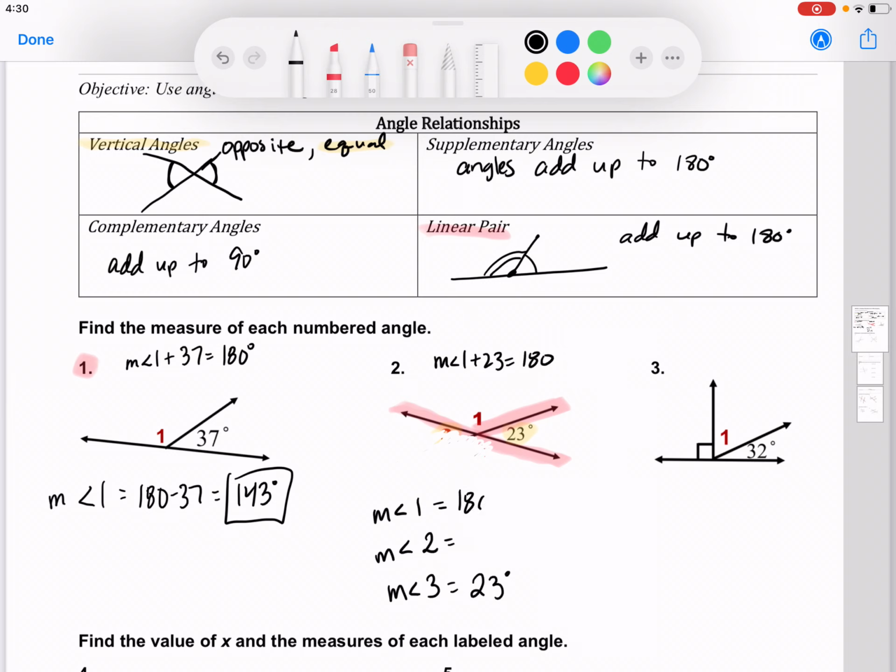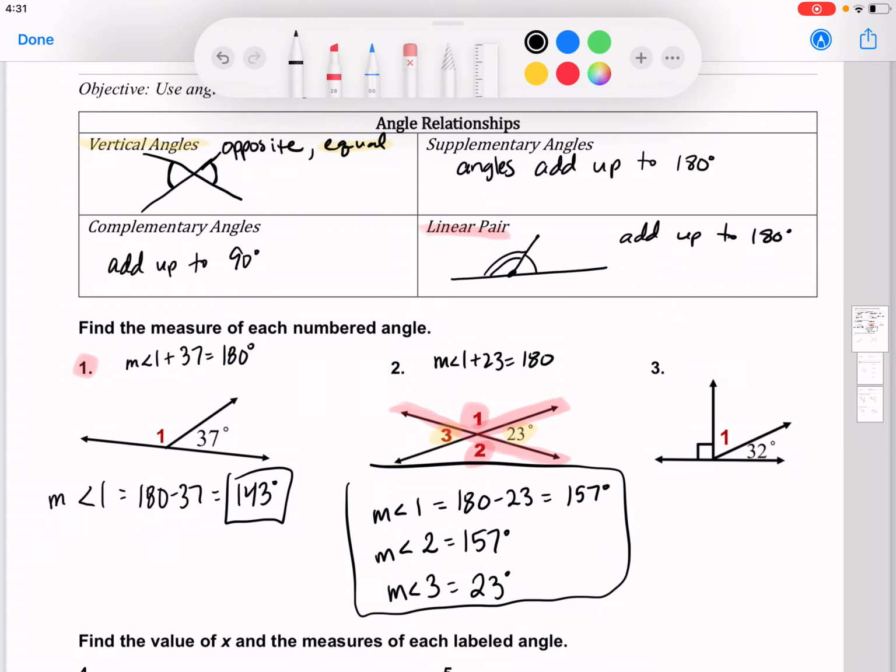So if I subtract 23 from 180, I get my angle, and you get 157 degrees. That was how we got the measure of angle 1. Angle 2 is a vertical angle from angle 1, so that is also 157 degrees. And there is your answer, all three of those.